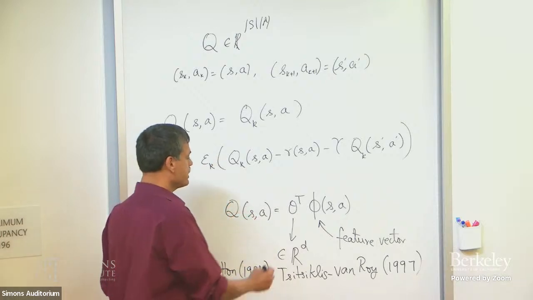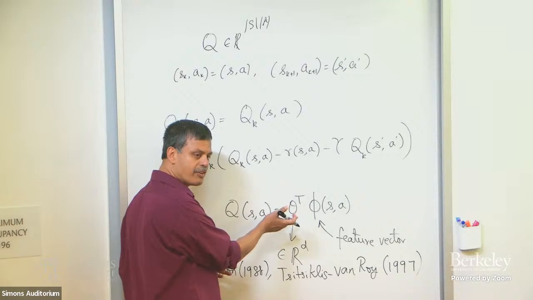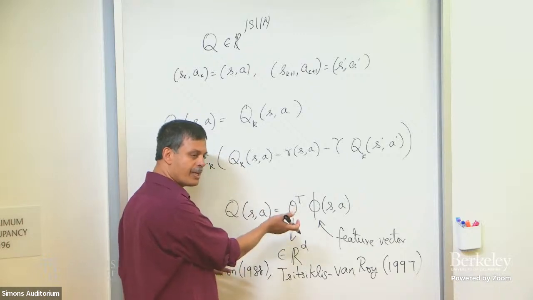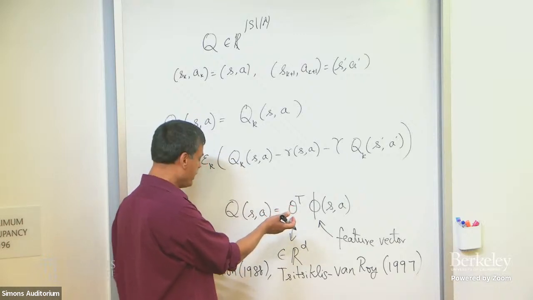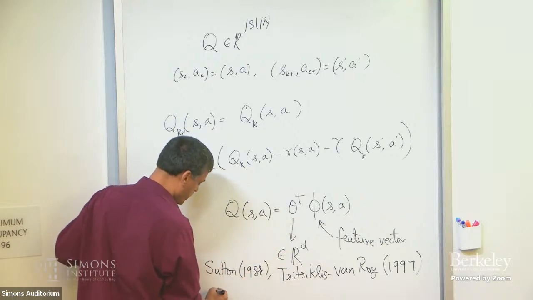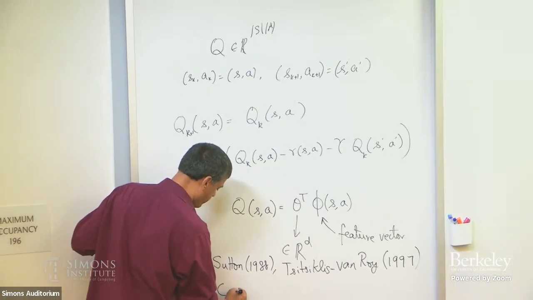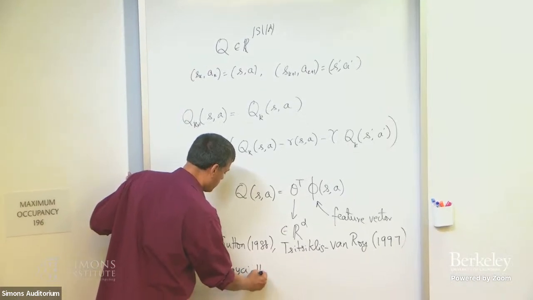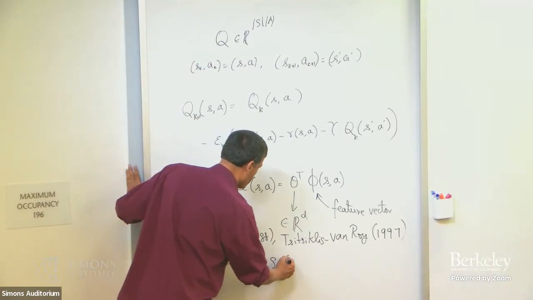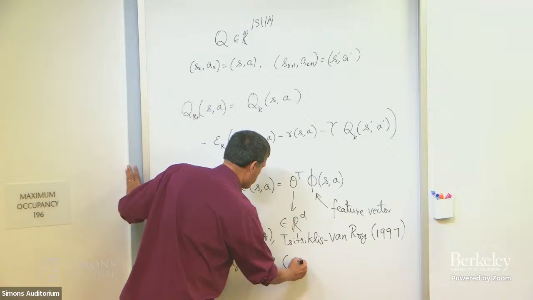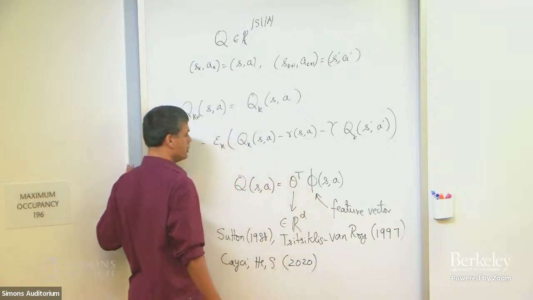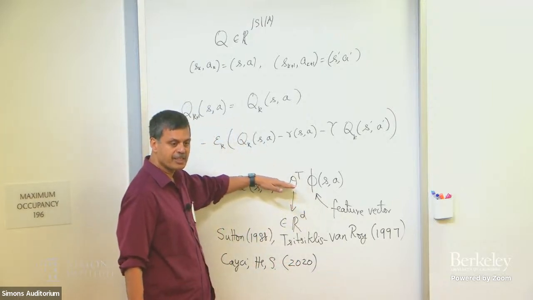One interesting question is, of course, you don't use linear function approximation, you use a neural network. In some recent work, we have extended this to neural networks, where this approximation is done using neural networks.